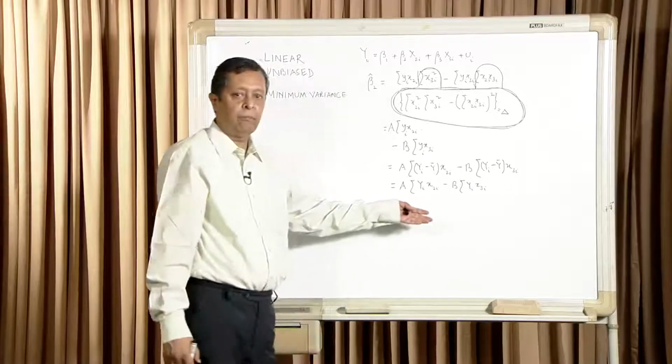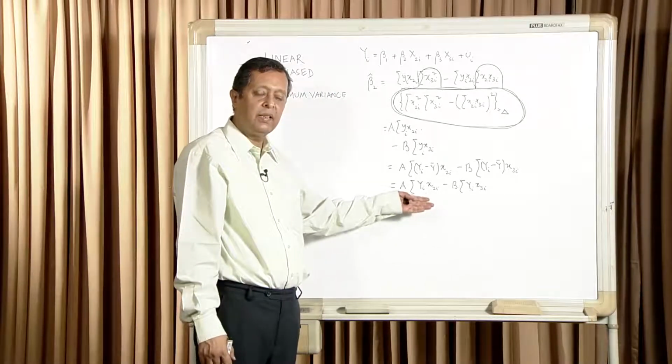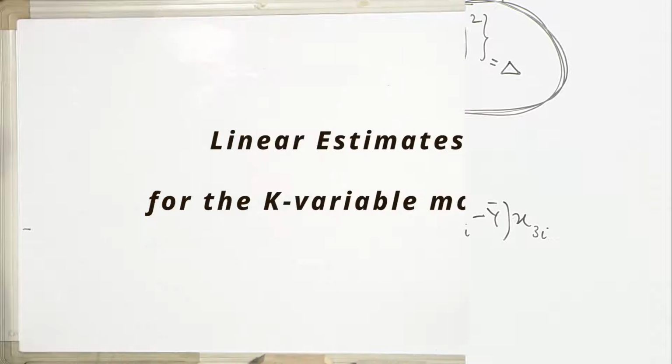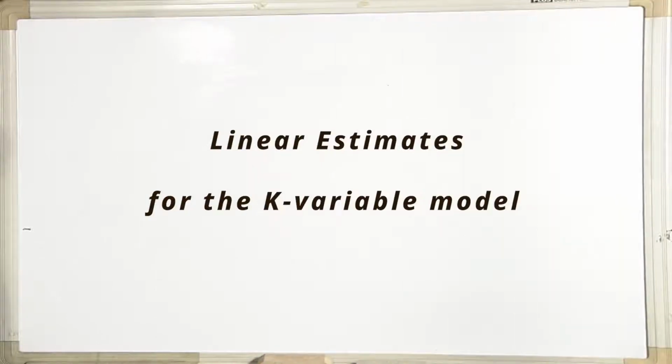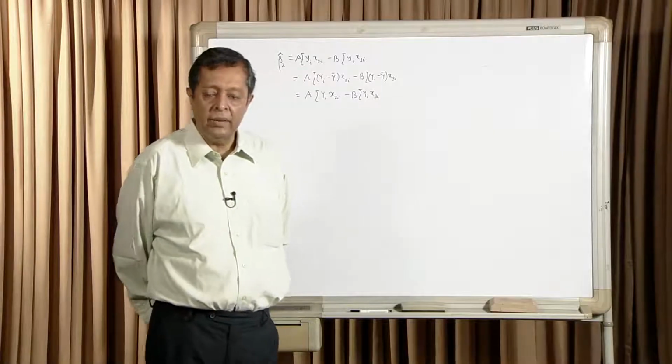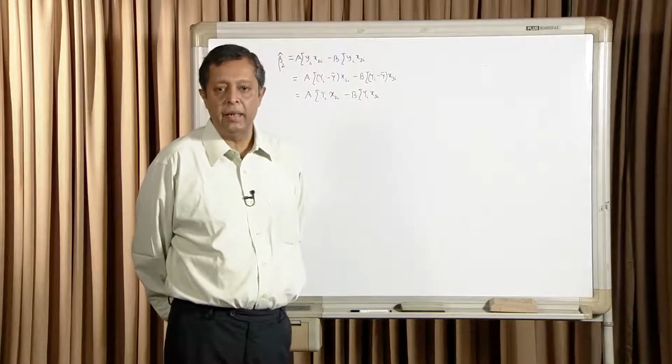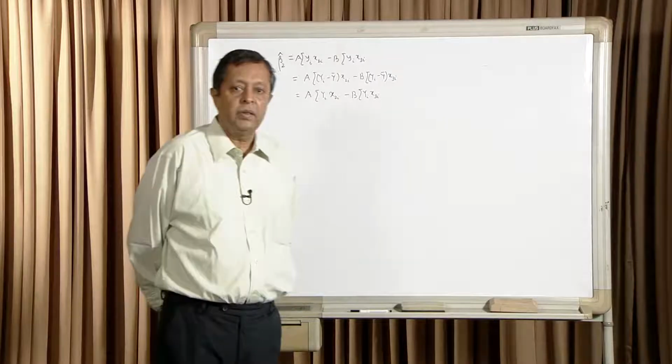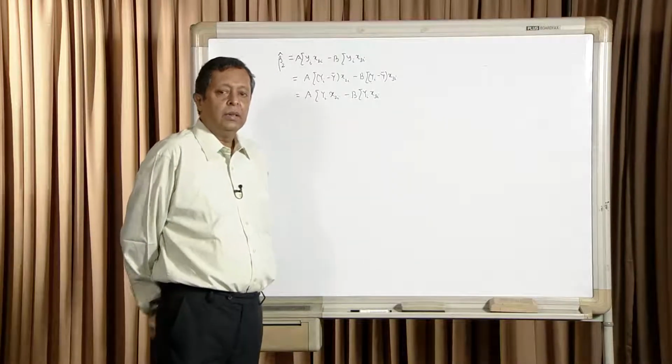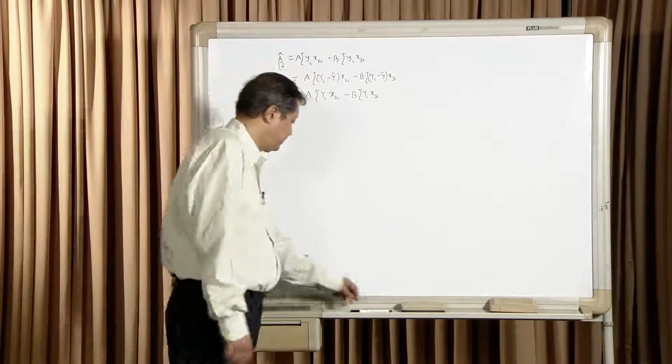So, that is the evidence that the estimates are linear. With the help of the 3 variable model we showed the linearity property. Now, let us generalize this to the k variable model.